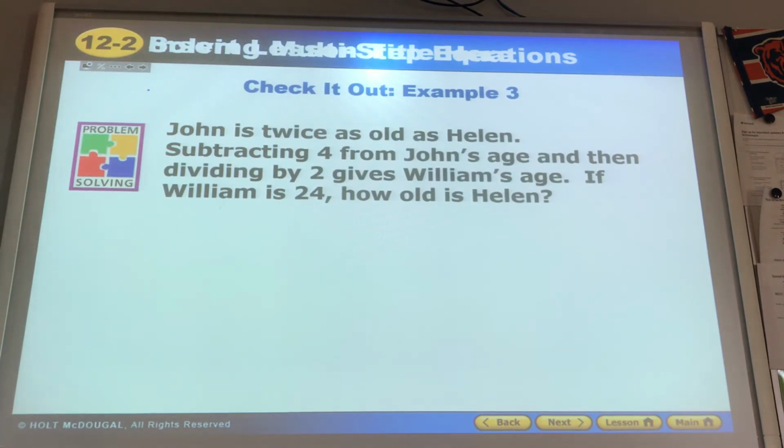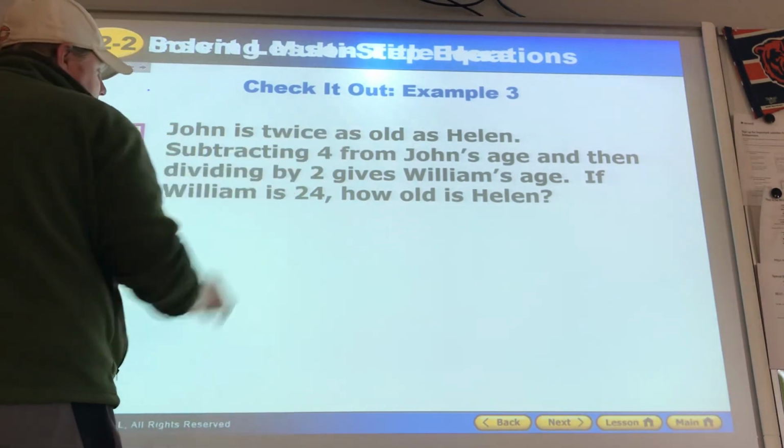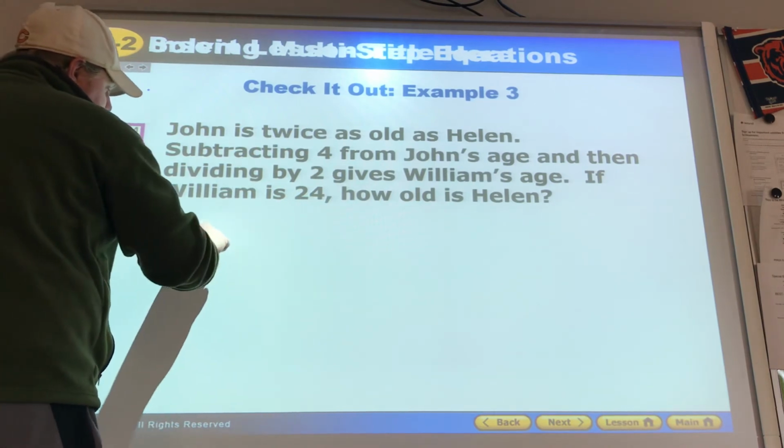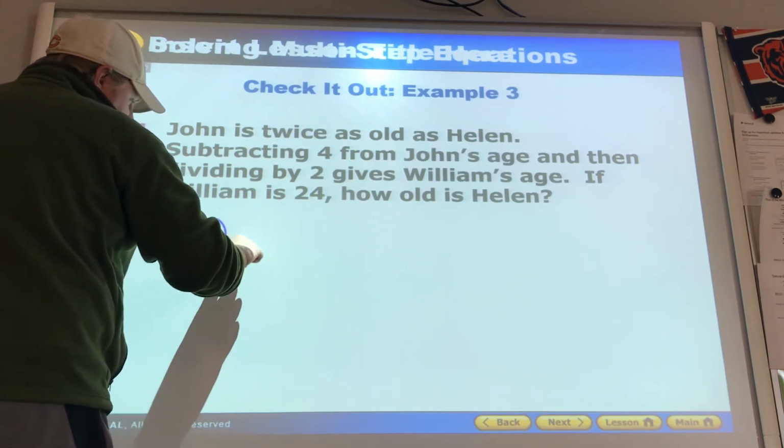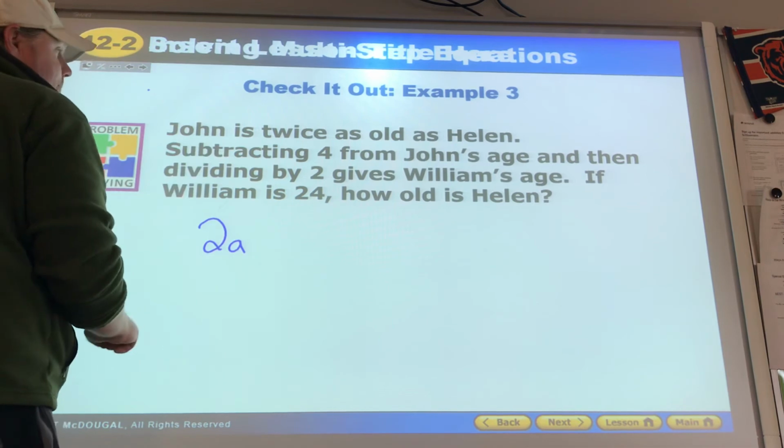All right. John is twice as old as Helen. Subtracting 4 from John's age and then dividing by 2 gives William's age. If William is 24, how old is Helen? So John is twice as old as Helen. Let's do A for age. So 2 times A will give us John's age.